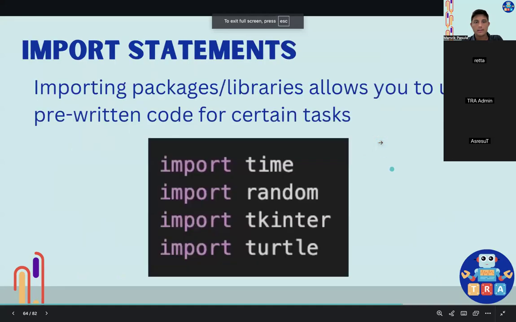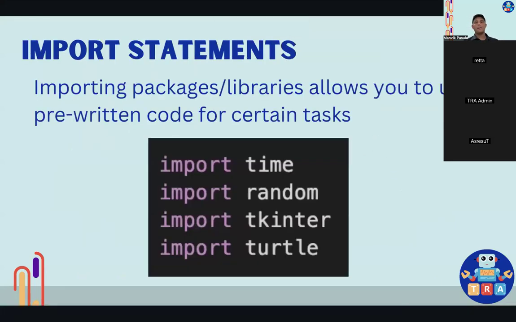So let's go into import. So importing things uses this thing called import, and then you write the name of a package or library. So these let you use pre-written code for certain tasks. So the time library lets you use timers, right?